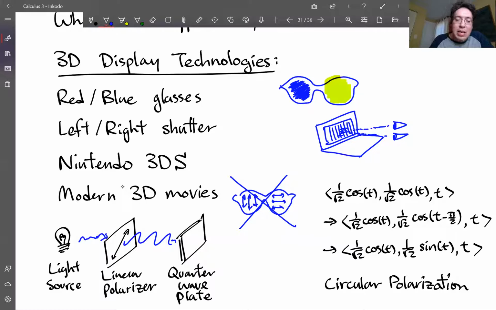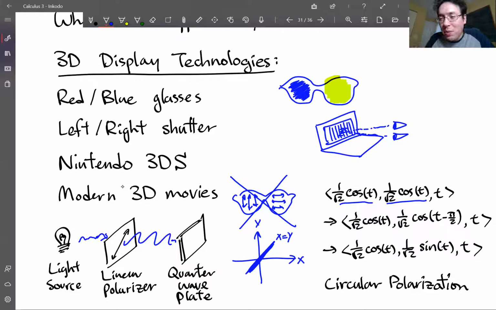Let me draw it, let's say X and Y axis. It's polarized in such a way that it's 45 degrees this way, so it's along the line X equals Y. So this is what it might look like.